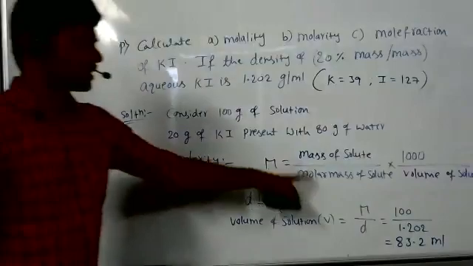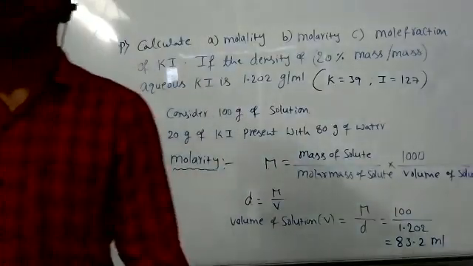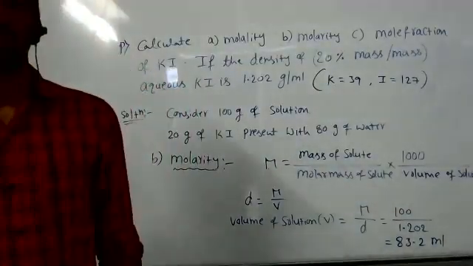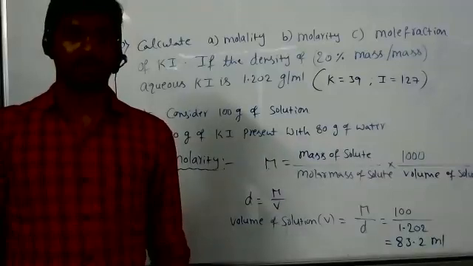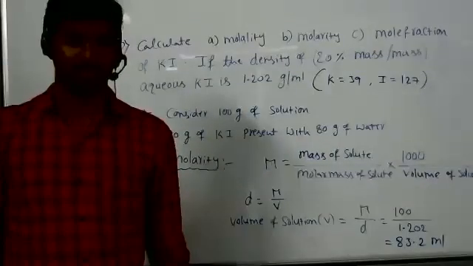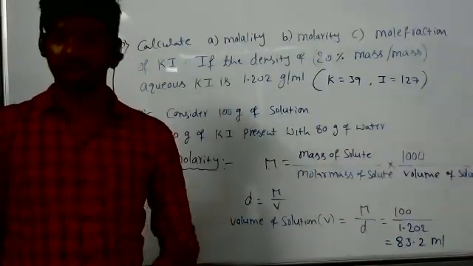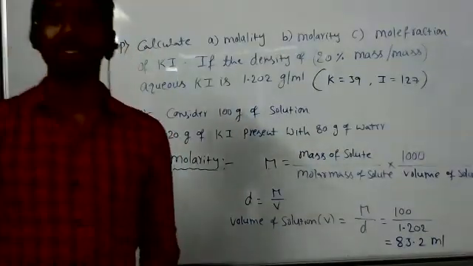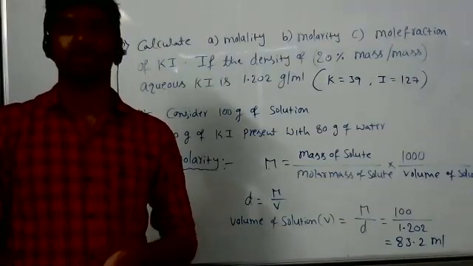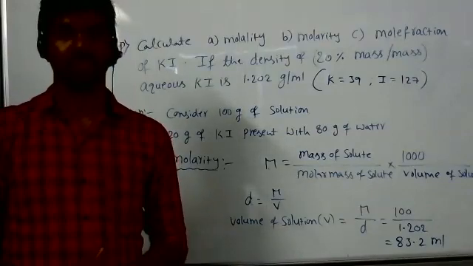Sir, now substitute in this formula. Yes, tell me. Sir, the volume of KI is that value, not the whole solution. No, we have to take the volume of solution, not only the volume of potassium iodide. Potassium iodide is solid. Sir, the 1.202 is only for KI, not with water.